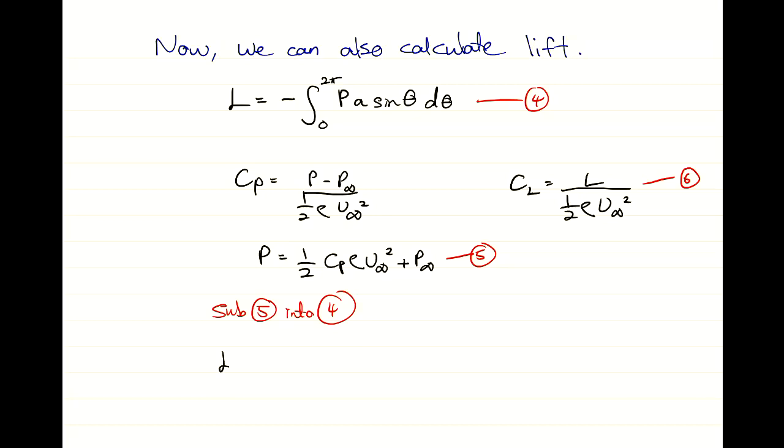Right, so I'm going to get lift is equal to negative integral from 0 to 2 pi of half Cp rho u infinity squared plus P infinity, times a sine theta d theta.